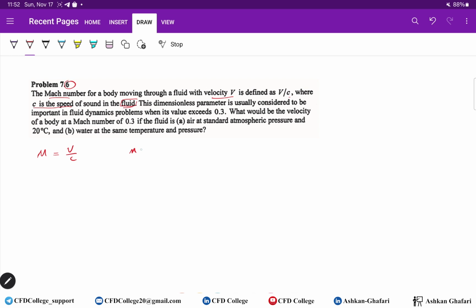So when we have a Mach number greater than 0.3, it means we have compressible flows, not incompressible fluids. In compressible flow, rho is a function of pressure, and most of the time we solve these problems with the assumption of the ideal gas law.